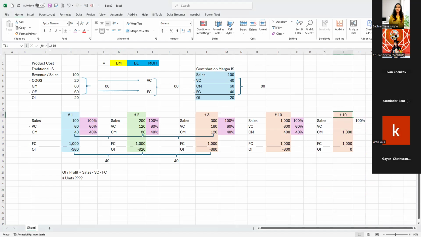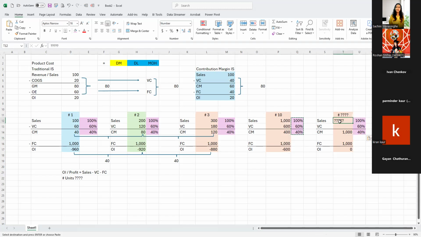I don't know how many units we need to sell. So what do I need to find out? I need to find out how many units I need to sell and how much will be my total sales. Because if I have my total sales, what do I know? For every dollar that I'm selling, 40% comes to my contribution margin. I already know that.